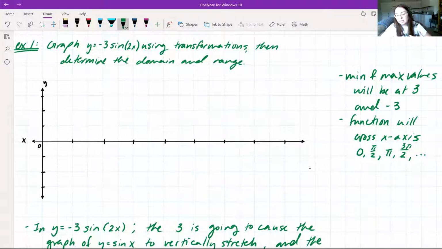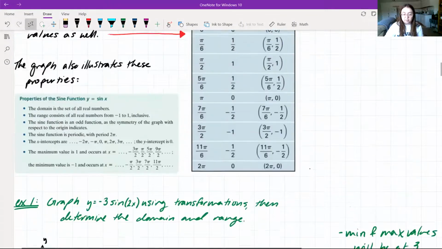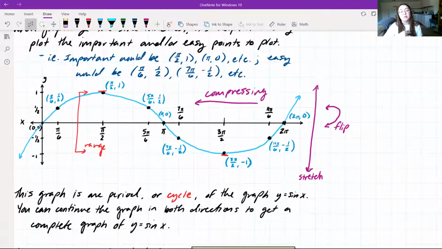So now we have these values. These are when our function will cross the x-axis, meaning that we have values of 0. Since we see that our graph is also flipped, we'll get that before, when we had those min and max values, the min and max values occurred at integer multiples of pi over 2. Since we've now compressed by 1/2, this means that our min and max values will now occur at integer multiples of pi over 4.